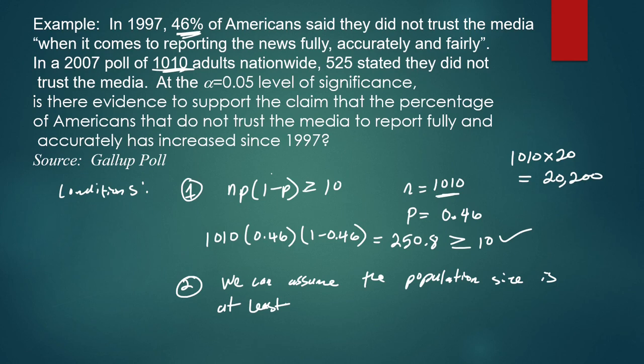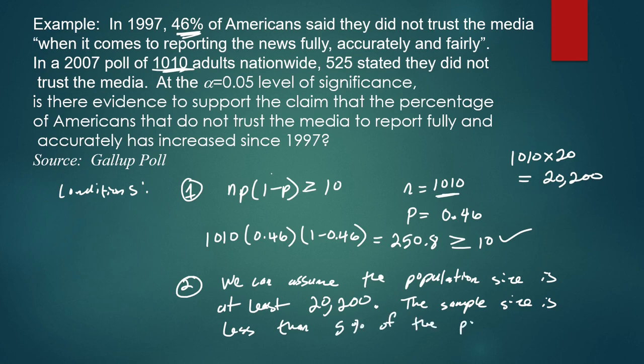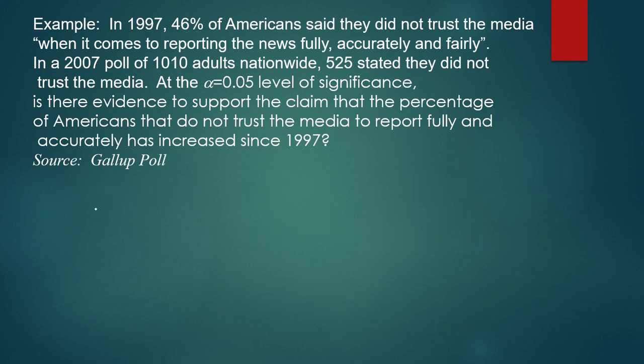So we're going to say in condition 2, we can assume the population size is at least 20,200. And this means the sample size is less than 5% of the population size. Since all of the conditions are met, we're going to look at the claim and complement for this problem.